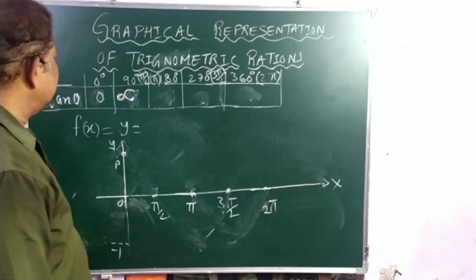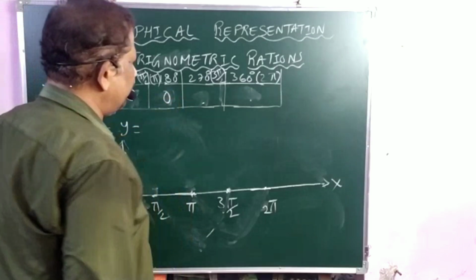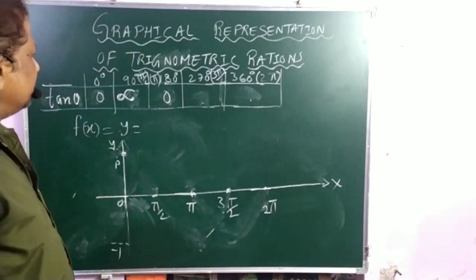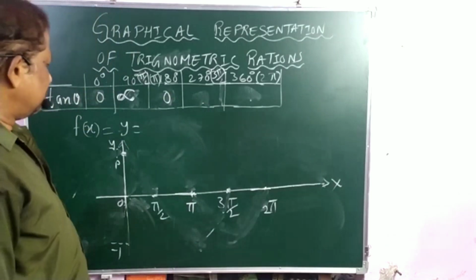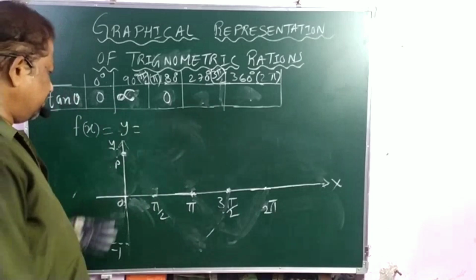For 180 degrees, it again comes to 0. And at 45 degrees, 1 will come. 45 degrees we also have to consider here to get 1.